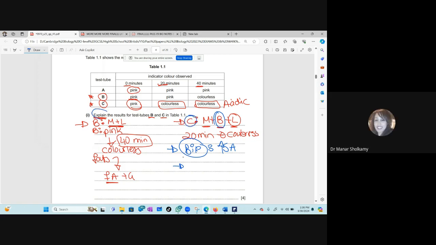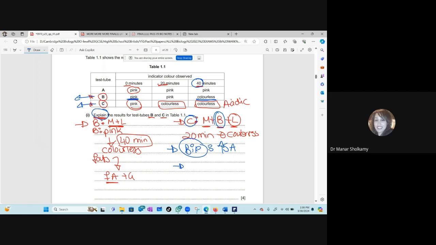Okay. So this is the explaining part. You will take B and you will discuss, and you will take test tube C and you will discuss, and you will have to compare. And then you will have to explain why one is different from the other. So again, at B, it will change from pink to colorless because fat will be broken down by the lipase enzyme, but it took 40 minutes.